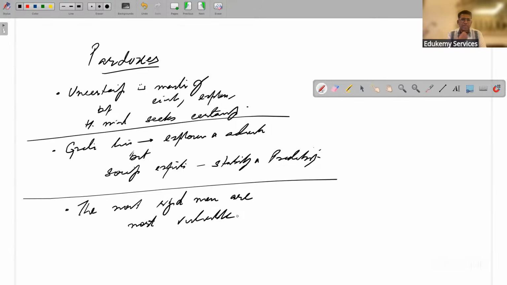Okay? Paradox is two ideas that coexist. I repeat, a paradox is two opposing ideas, both are true. A counterpoint is I don't agree. ठीक है?